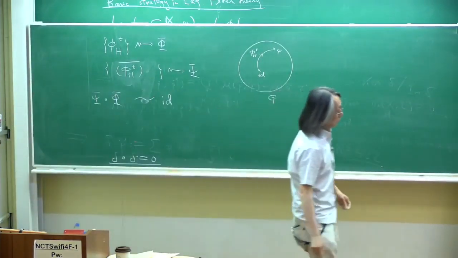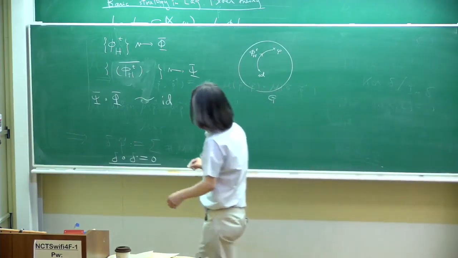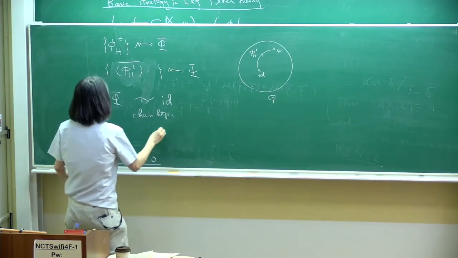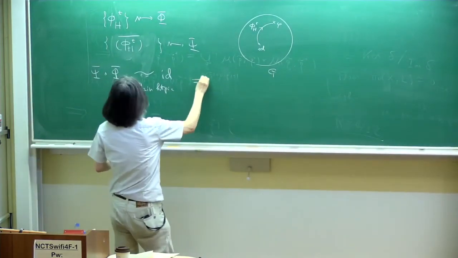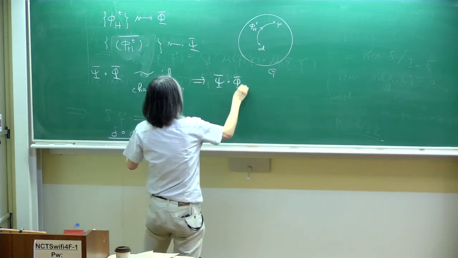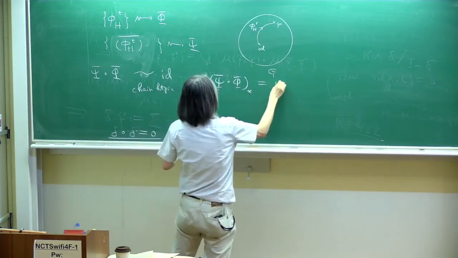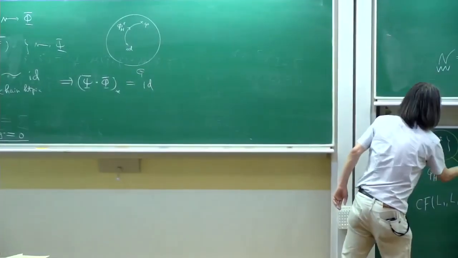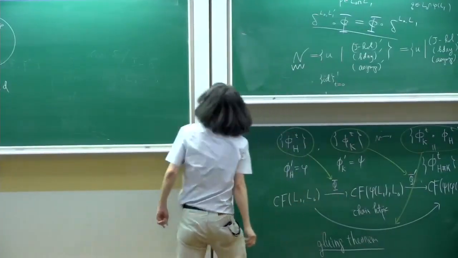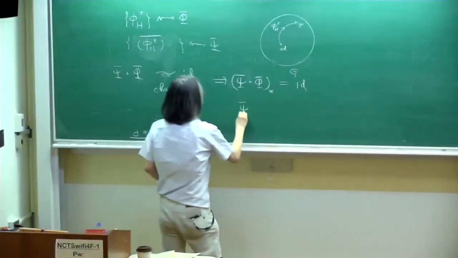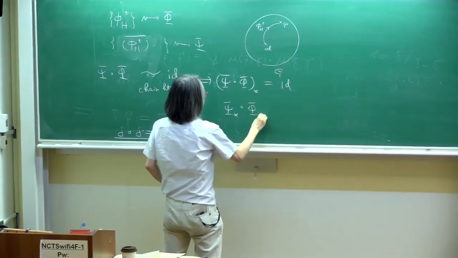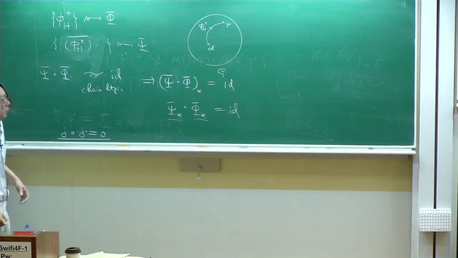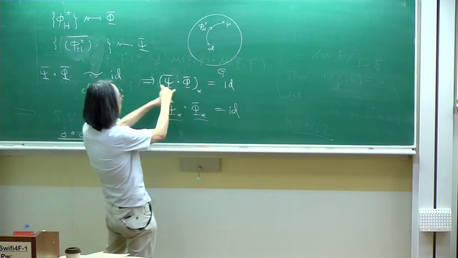And because they are chain homotopic, therefore we have this psi composite phi star is equal to identity. And this one, phi psi by phi psi, is equal to identity. And so therefore somehow this gives you, also you can do the opposite way.